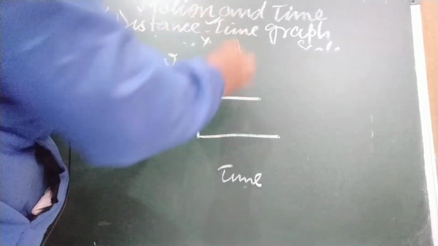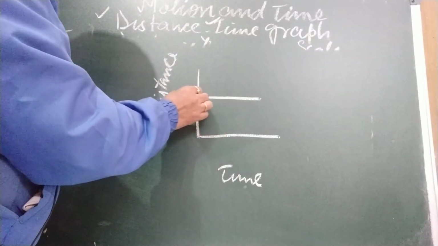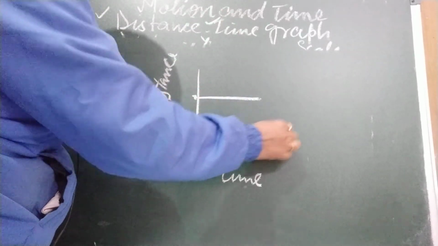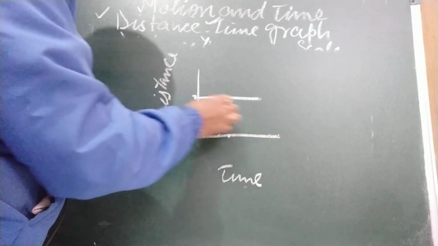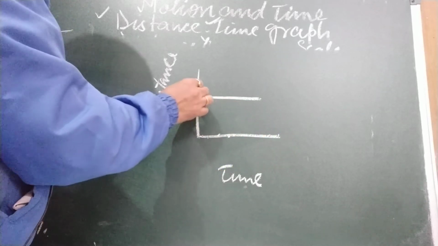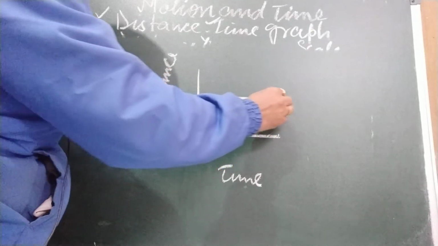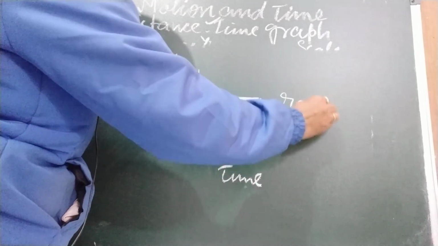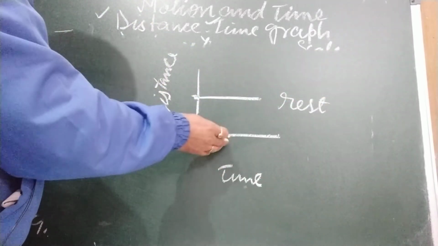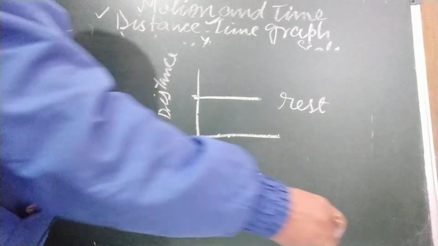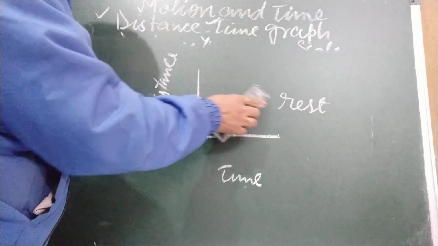We have the graph like this, means as time is passing, the vehicle is at the same distance, means the vehicle is at rest. So when it is parallel to the time axis, we say the vehicle is at rest.